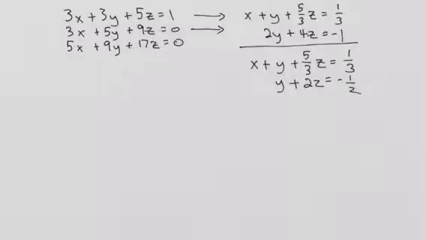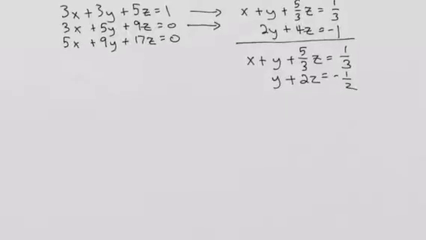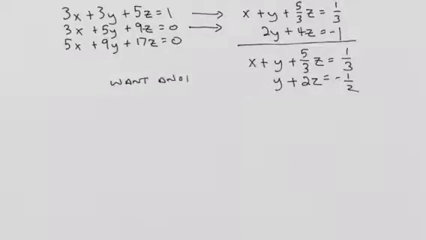And I want to do, and this is important, I want another equation, I guess I'll put in parentheses my third, with these two being the first two. I want a third equation with only y and z.